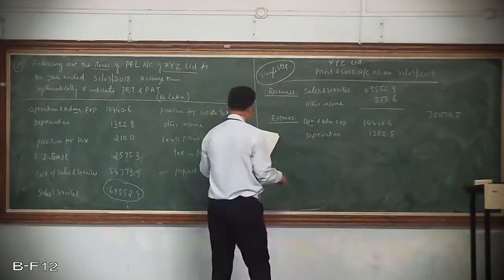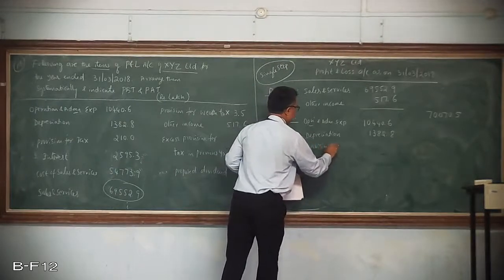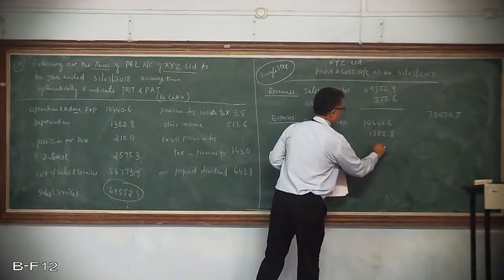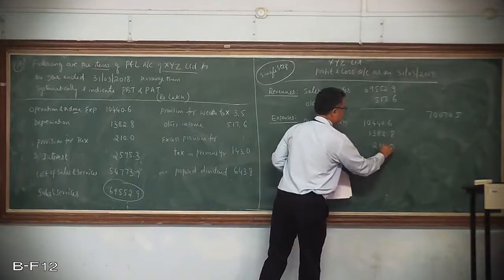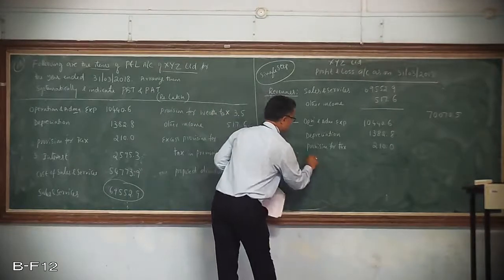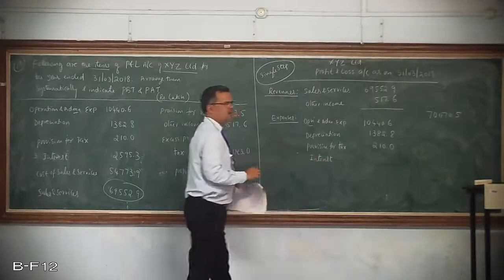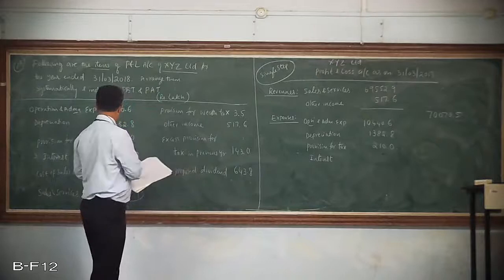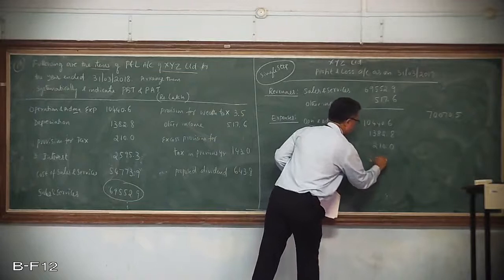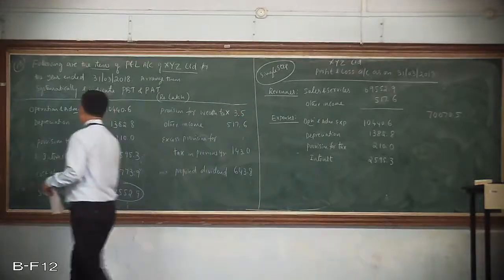Next, provision for tax, 210, tax expenditure. Next, interest, also to be paid for the amount borrowed, there may be loans and all. Interest is 2595.3.